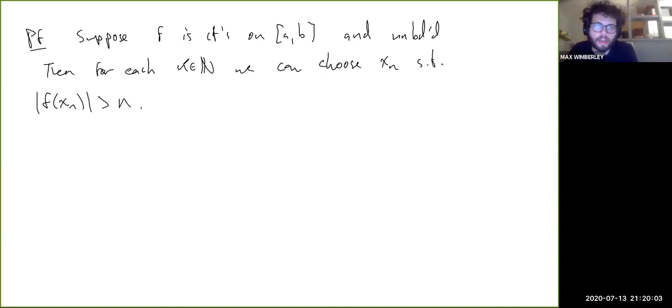Because for each n, the idea is that n itself cannot be an upper bound on the absolute value of f, because f is unbounded, right?